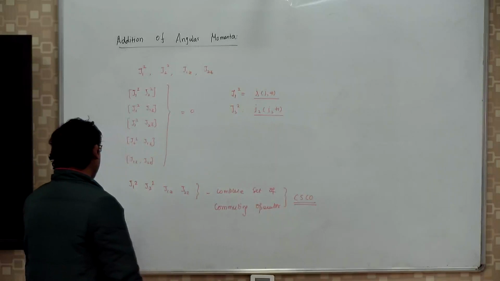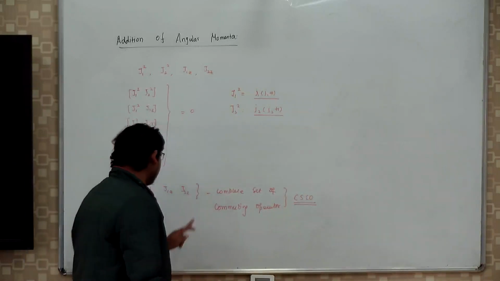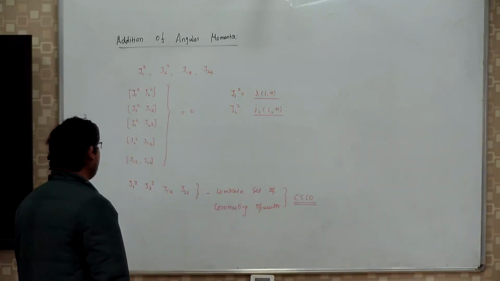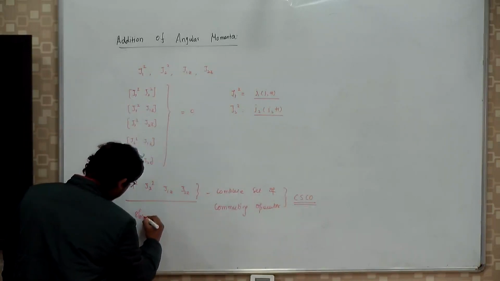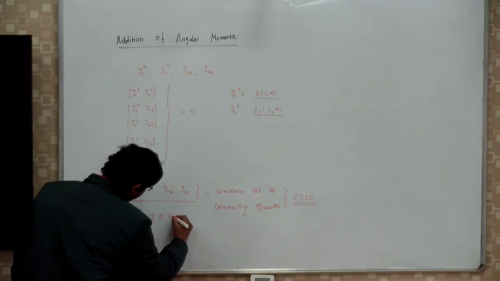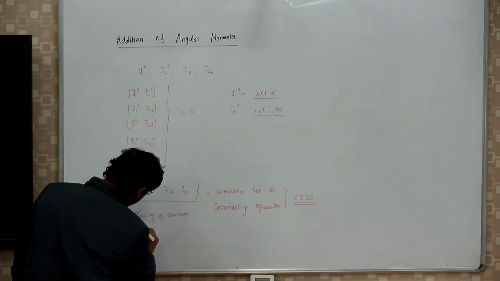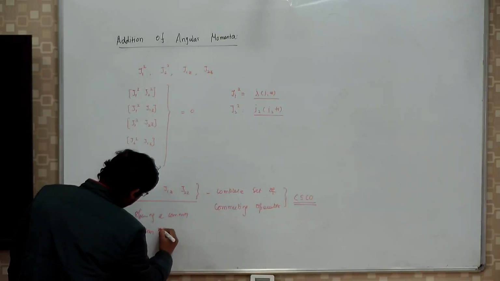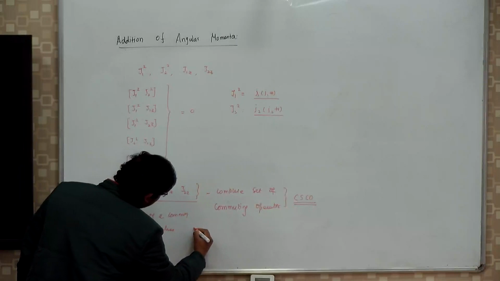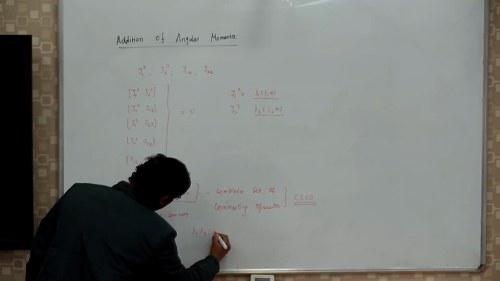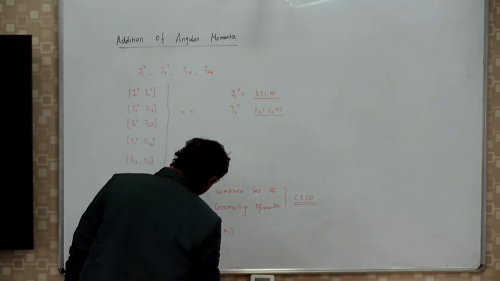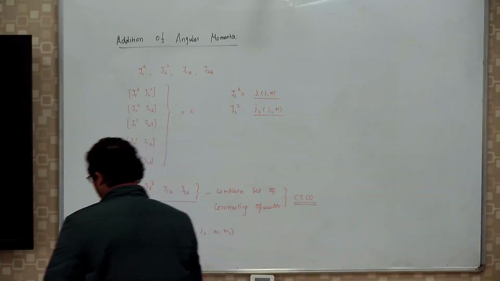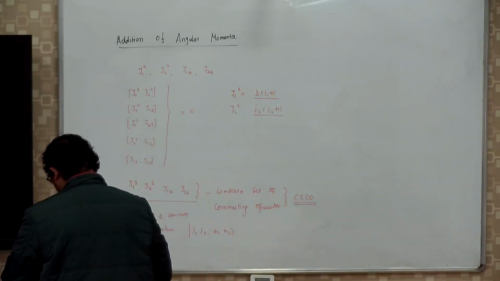That means all these operators share a common eigenstate, a common eigenvector, which is |J1, J2, M1, M2>.